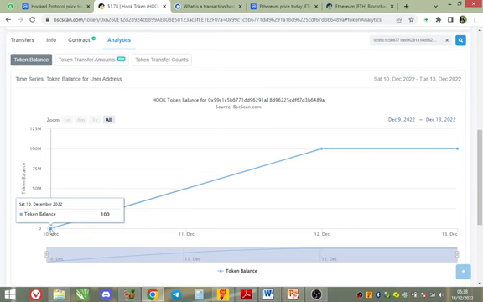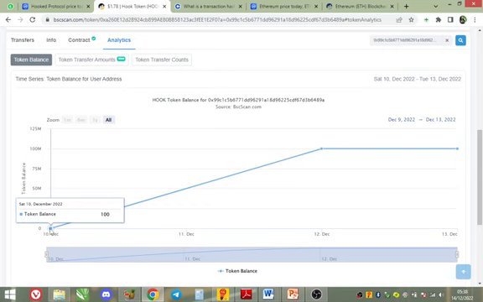The only token balance that this address was having was 100. The token balance was 100. This particular wallet was only holding 100 of this token.